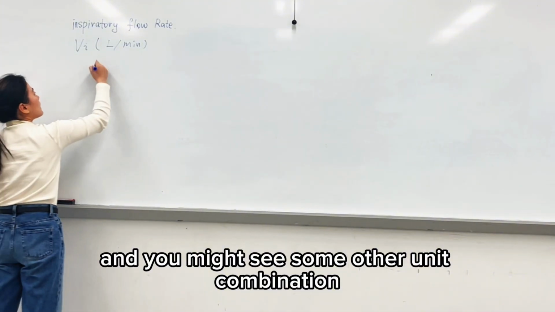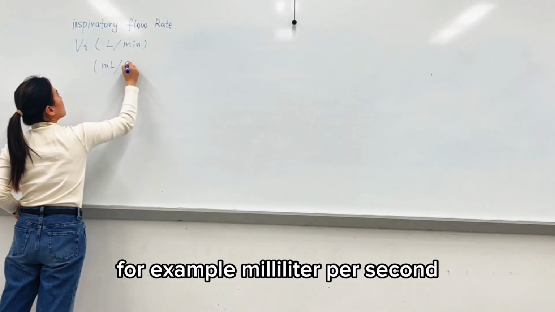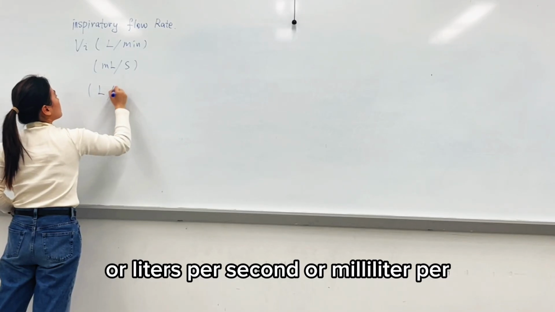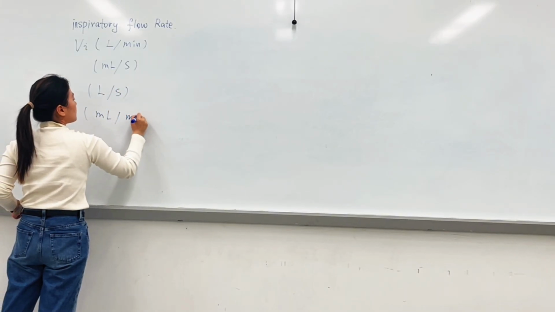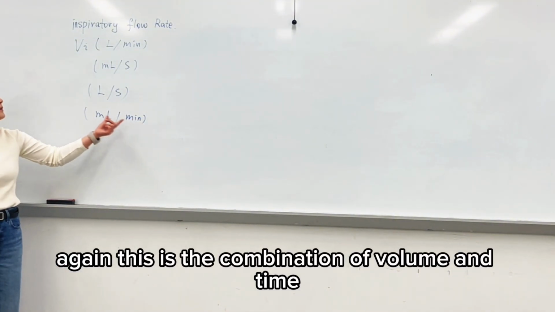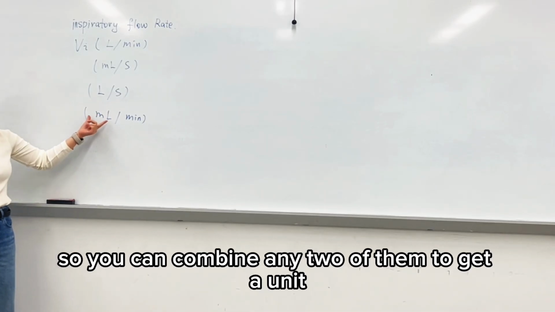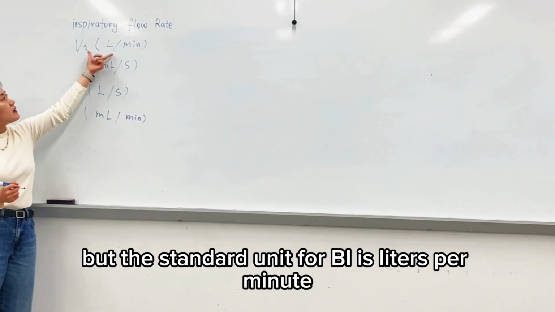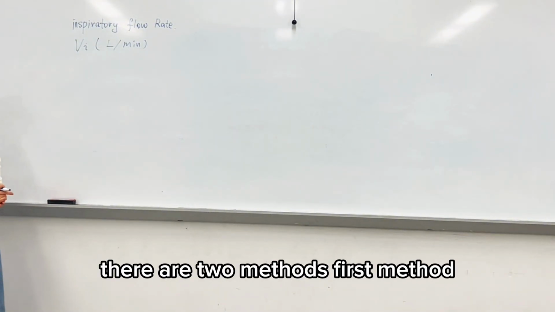You might see some other unit combinations, for example, milliliters per second, liters per second, or milliliters per minute. Again, this is a combination of volume and time. You can combine any two of them to get a unit, but the standard unit for VI is liters per minute. And in order to get the VI, there are two methods.